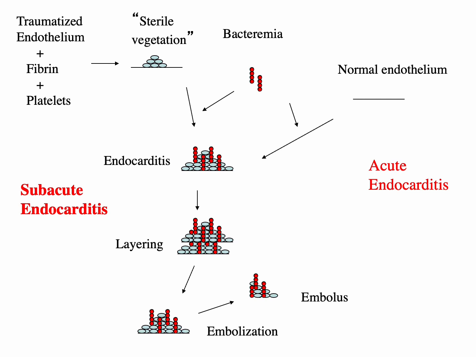So that vegetation now is not sterile, but also getting bigger, so that eventually pieces of that vegetation are going to break off, and then be sent off by the blood to different areas of the body, and can land in small capillaries, like in the brain or some other vital organ, and then start the infection there or block up the circulation.